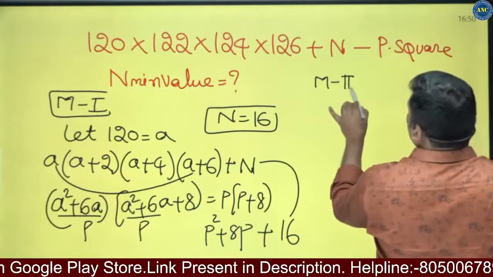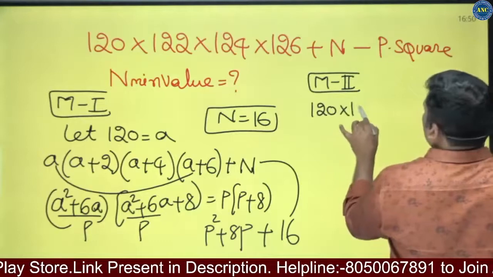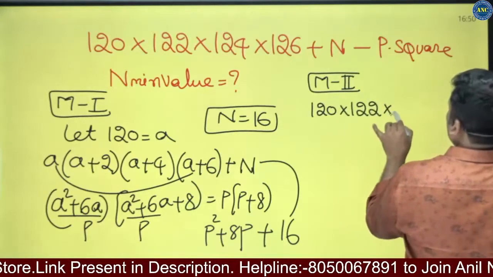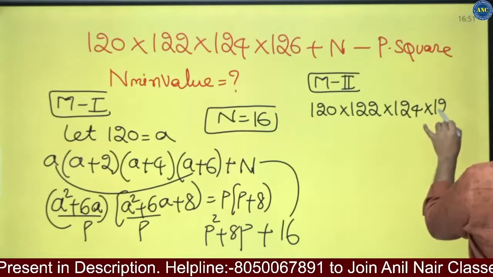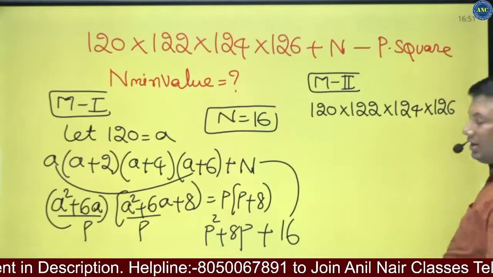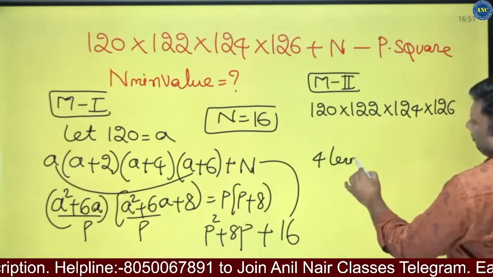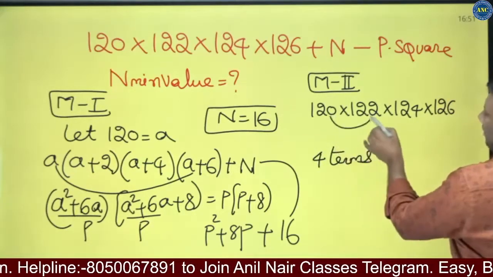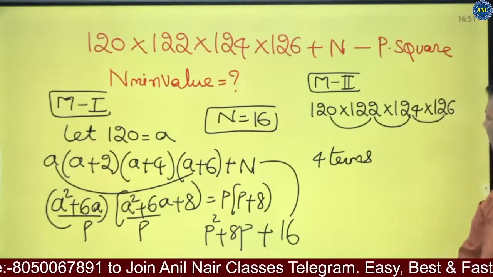Method 2 is the derivative of method 1. 120, 122, 124, 126. How many terms are there? 4 terms are there. What is the difference between the terms?